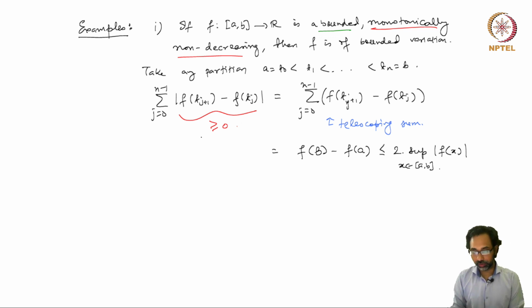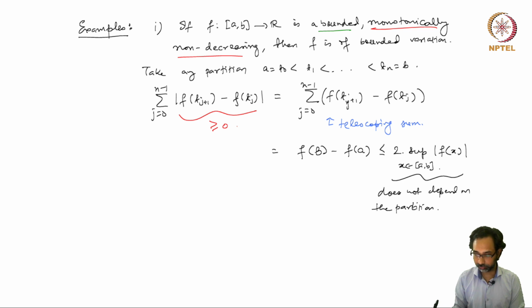So we see that you can take any partition and it will be bounded by this value, which does not depend on the partition, and so you can take the supremum on the left hand side, which will give you that f is of bounded variation, because the total variation will be finite.